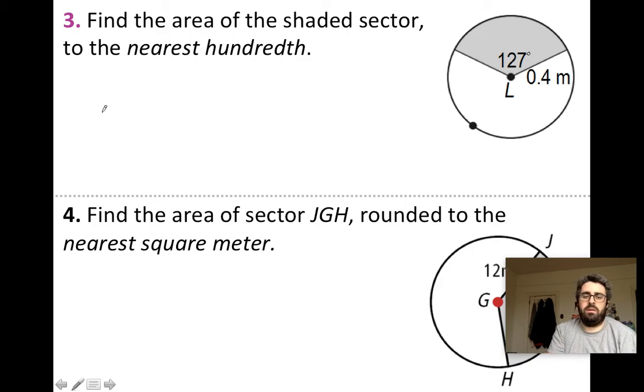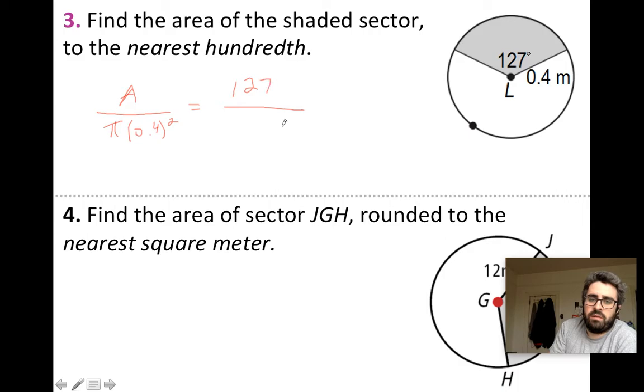Okay, so I'm going to start by setting up my numerator and denominator on either side. So the first thing is I'm looking for the area of the sector, so I'm going to call that A. And that is over the whole area of the entire circle, so pi r squared. So pi times 0.4 squared. And this is equal to the central angle, 127 over 360.